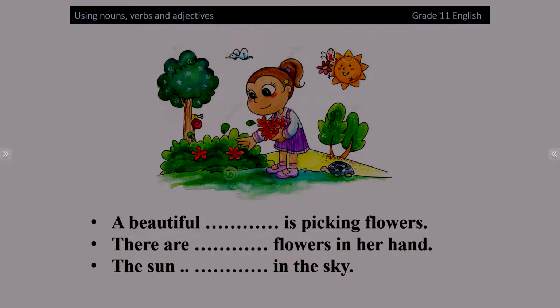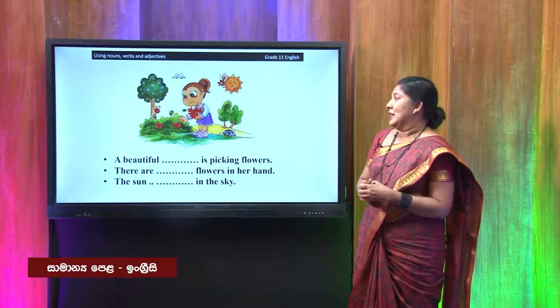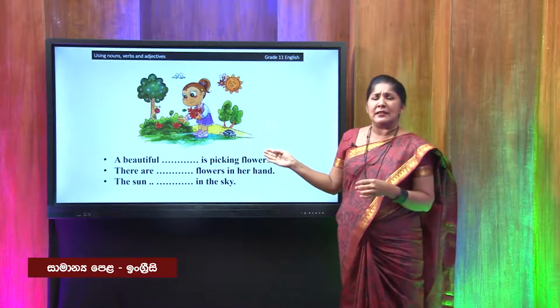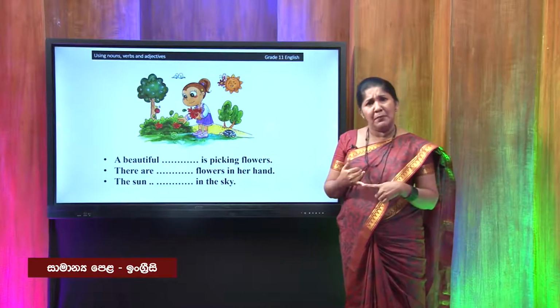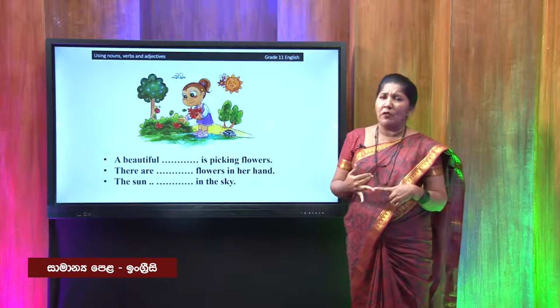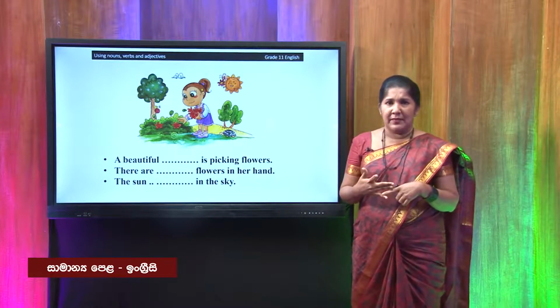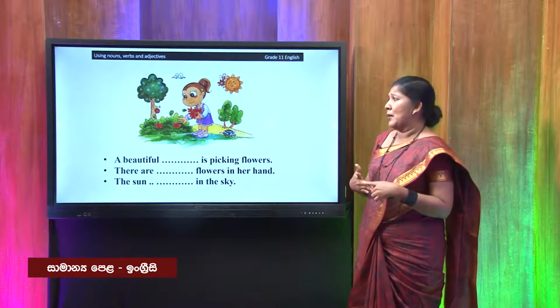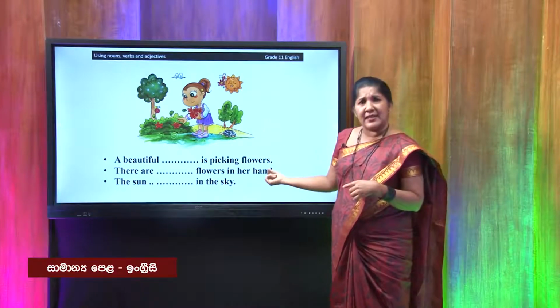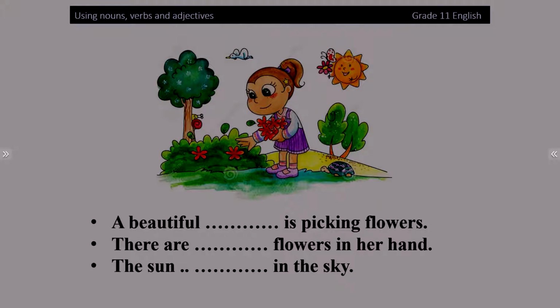So while filling this, and I know that you are ready with your pens and books, you should always see, is the blank for a verb or for a noun or for an adjective? Think about that. Read the sentence and then see which word matches the sentence appropriately.